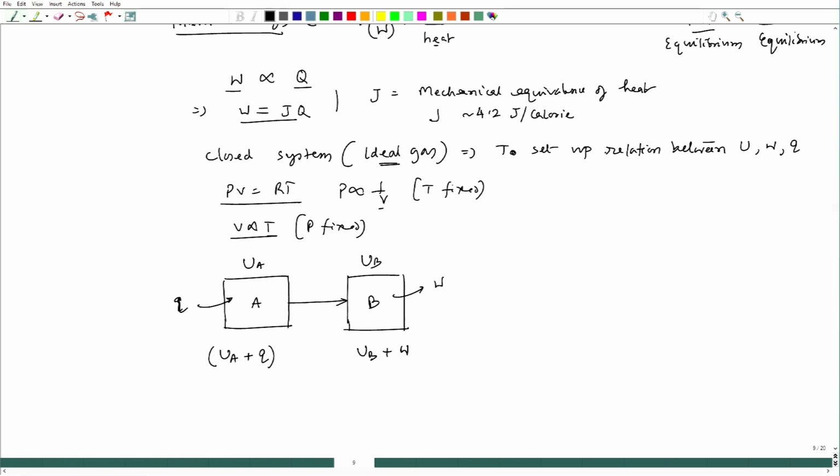Here, when W is done by the system I have taken its sign as positive, and when Q is absorbed by the system it is taken as positive.